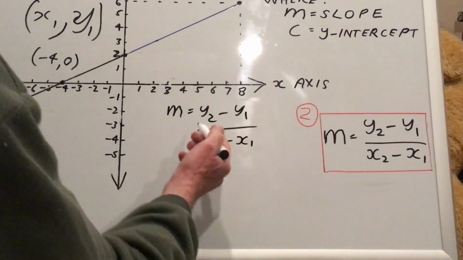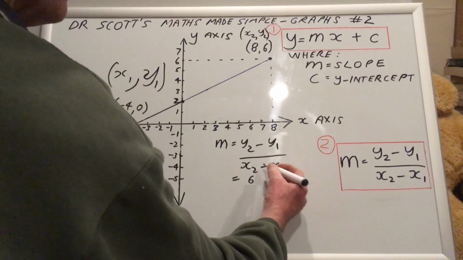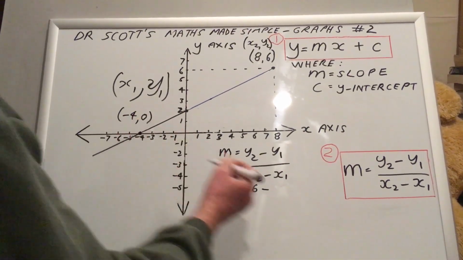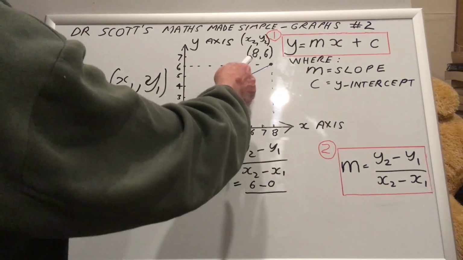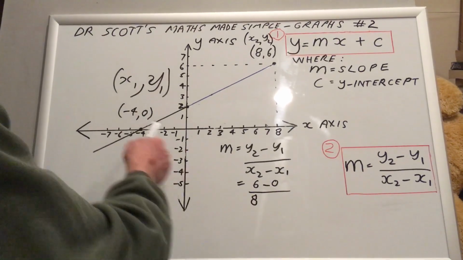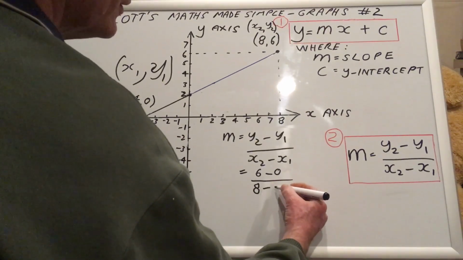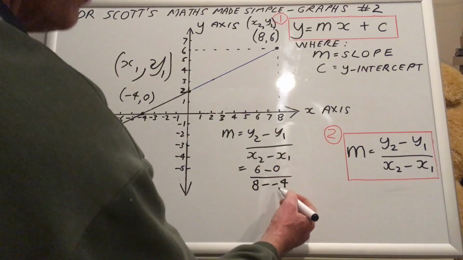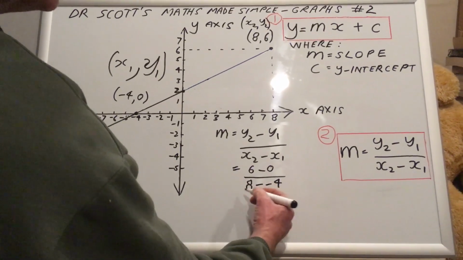Well, that equals y2, which is 6, minus y1, which is 0, divided by x2, which is 8, minus x1, which is -4. So it's minus minus 4. When you minus a negative number, you plus it, because the minuses cancel out.